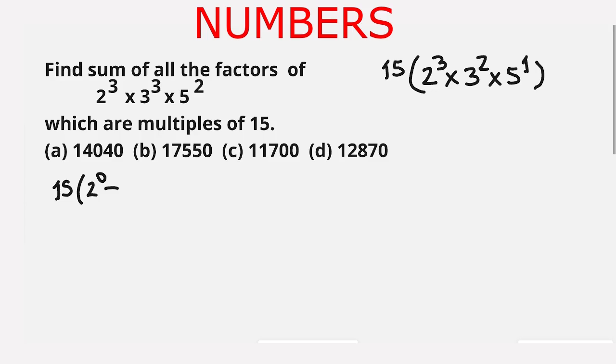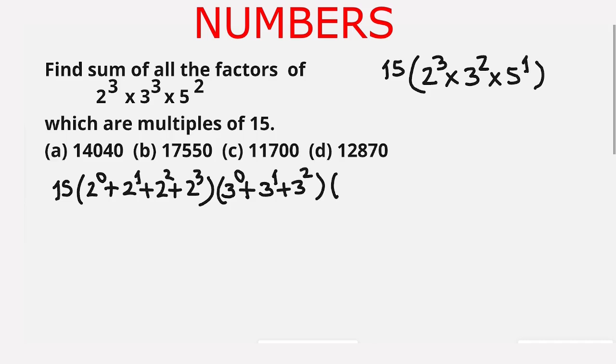So we write (2 to the power 0 plus 2 to the power 1 plus 2 to the power 2 plus 2 to the power 3) multiplied by (3 to the power 0 plus 3 to the power 1 plus 3 to the power 2) multiplied by (5 to the power 0 plus 5 to the power 1).